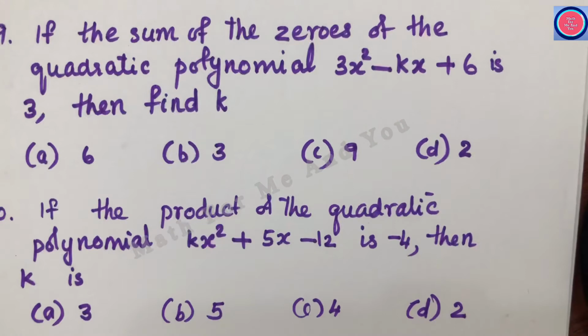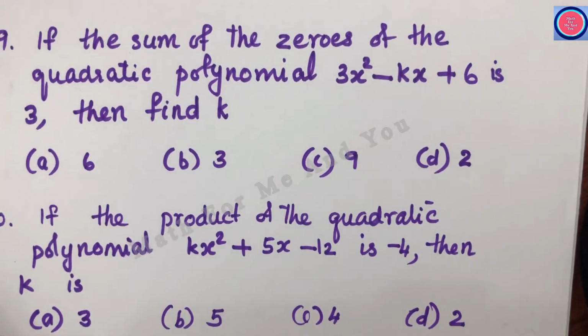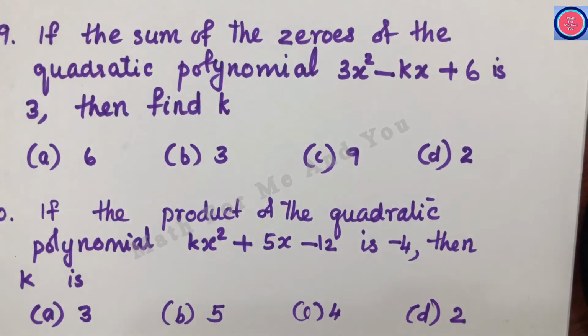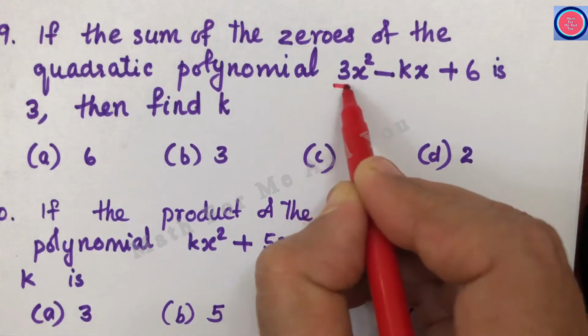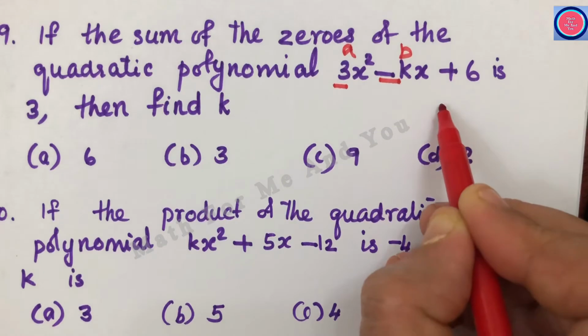Question number 9. If the sum of the zeros of the quadratic polynomial 3x square minus kx plus 6 is 3, then find k. Sum of the zeros of the quadratic polynomial is minus b by a. A is the coefficient of x square and b is the coefficient of x. In this given quadratic polynomial, a equals 3 and b equals minus k. It is given that sum is equal to 3.